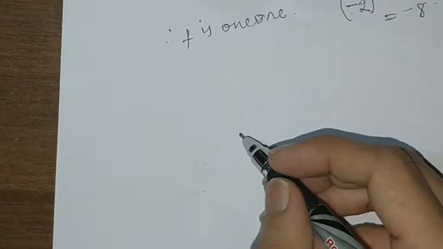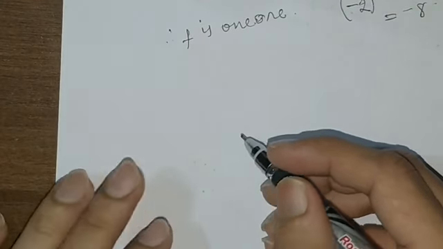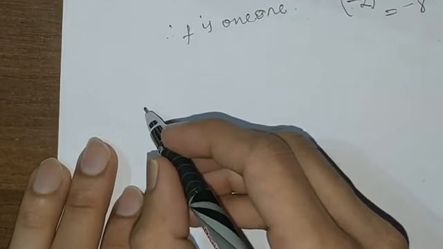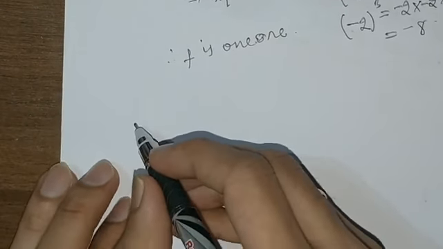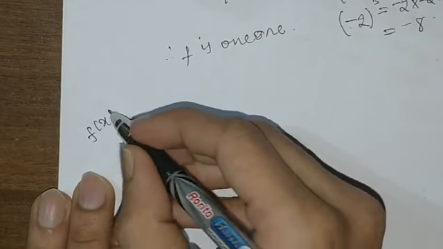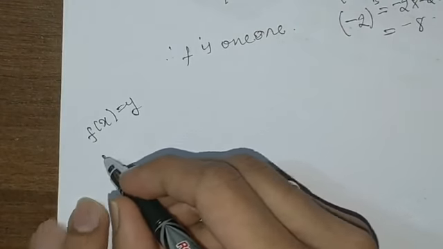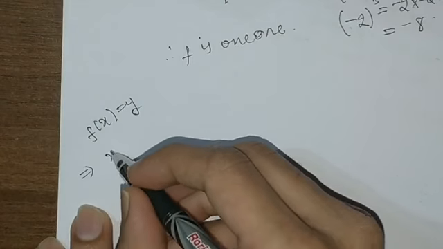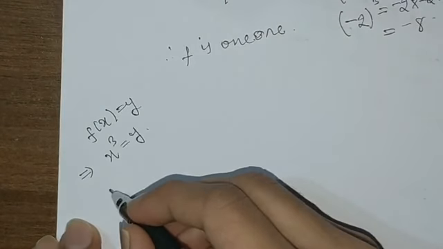Right? Now we have to see whether the function f is onto or not. So for that, you can do it in the rough first, right? So f(x) is equal to y means what? x cube is equal to y, right?